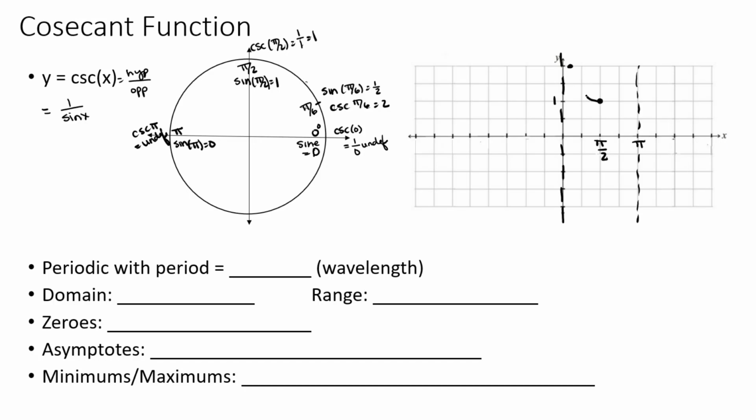And so what this is doing, just like cosecant, it's going to form these U-shaped curves in between our asymptotes. Now think about it for a minute. Sine starts at 0, then goes up to a peak, and then comes down to 0 at pi. So half of a period of sine is going to flip and give me one of these U's.